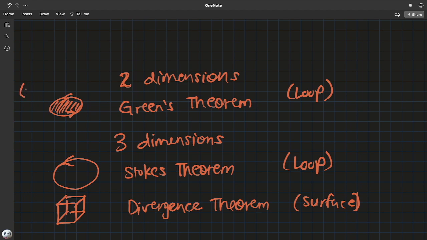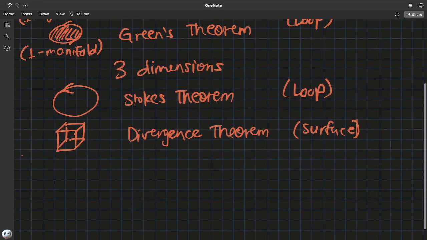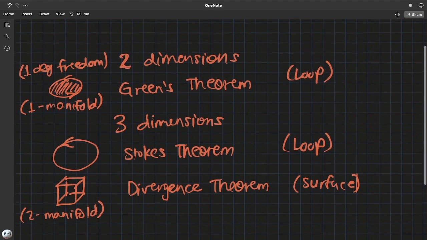So I call it 1 degree of freedom, which is also known as, although it's not the right mathematical definition, a 1 manifold. So a loop is a 1 manifold. A surface is a 2 manifold, because you can parameterize it with 2 variables, it gives you 2 degrees of freedom.